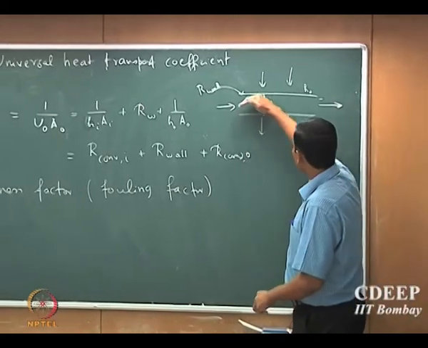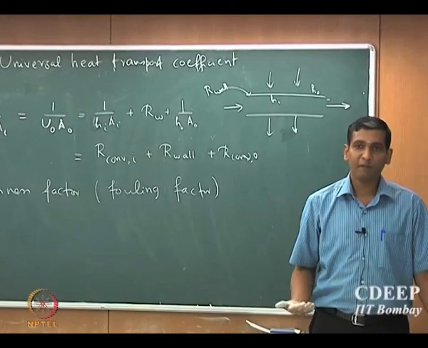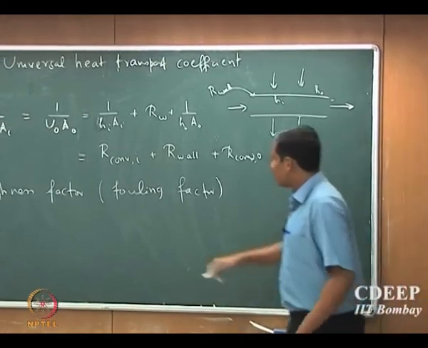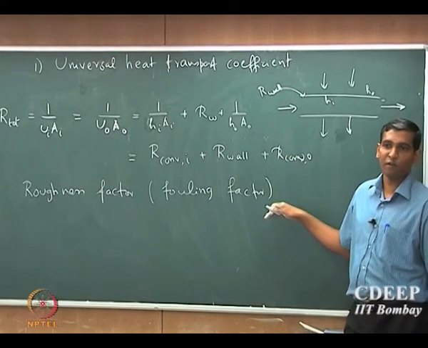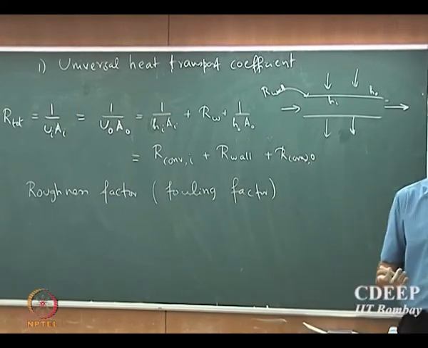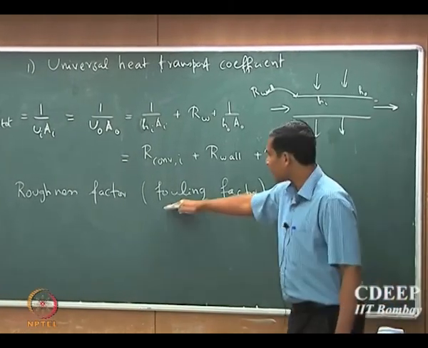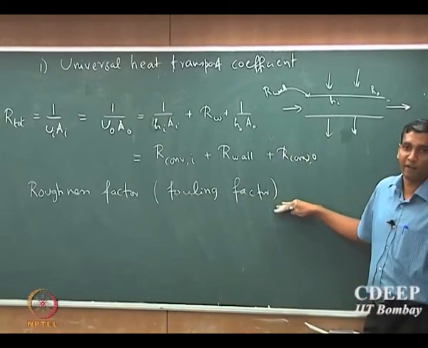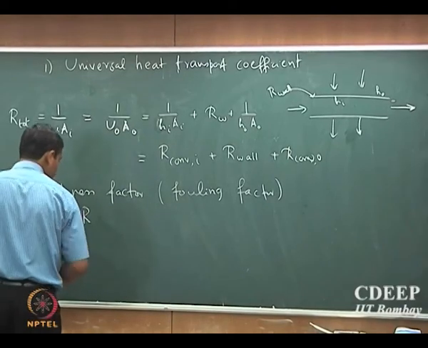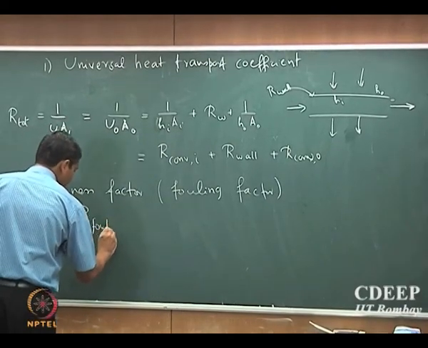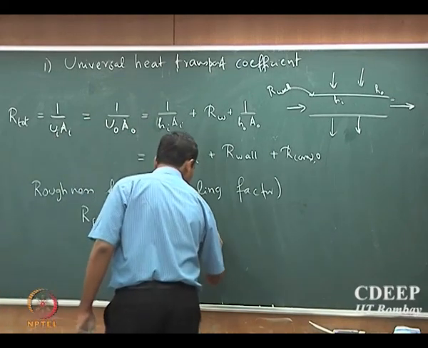So, it is really going to affect the interior surface which is available for heat transport, and that kind of disturbance offered to the heat transport because of the corrosive nature, or some deposit that the fluid might leave on the surface, is all accounted for in something called the fouling factor. So, we will simply represent that using some resistance. I call it the resistance for fouling factor inside and the resistance for fouling factor outside.